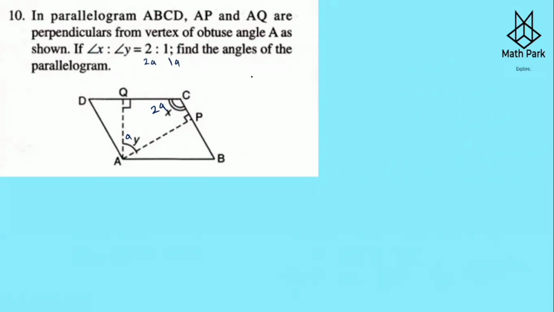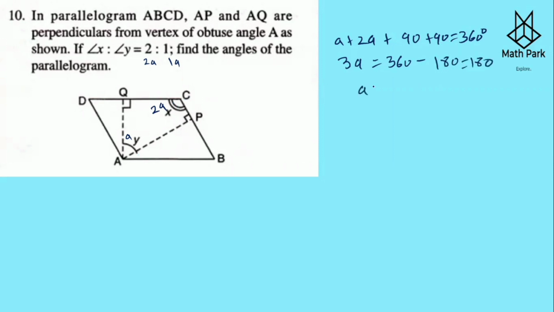Now APCQ is a quadrilateral. So we have A plus 2A plus 90 plus 90 is equal to 360 degrees. So we get 3A is equal to 360 minus 180, which is 180.